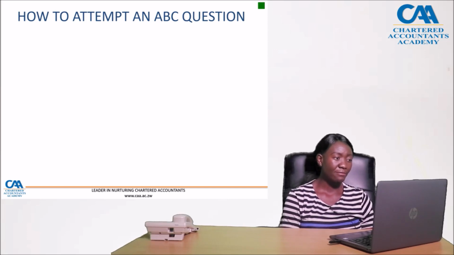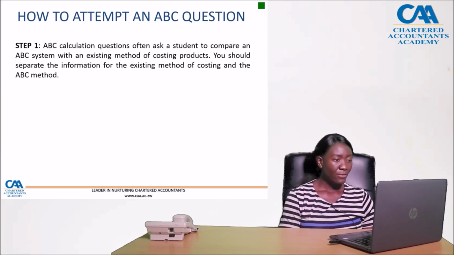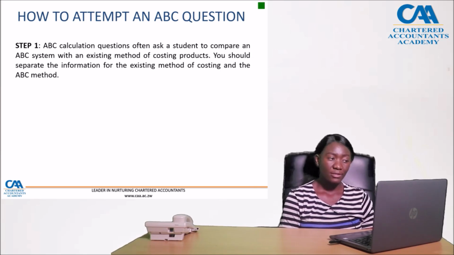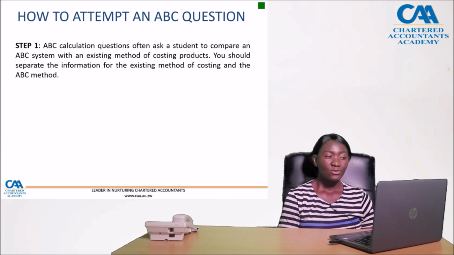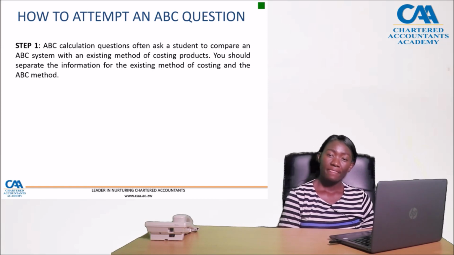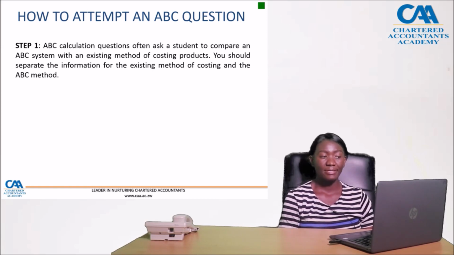So your step number one is, an ABC calculation question often asks a student to compare an ABC system with an existing method of costing products. So I currently have a method of how I cost my products. So I now need to compare ABC with my existing costing of products.